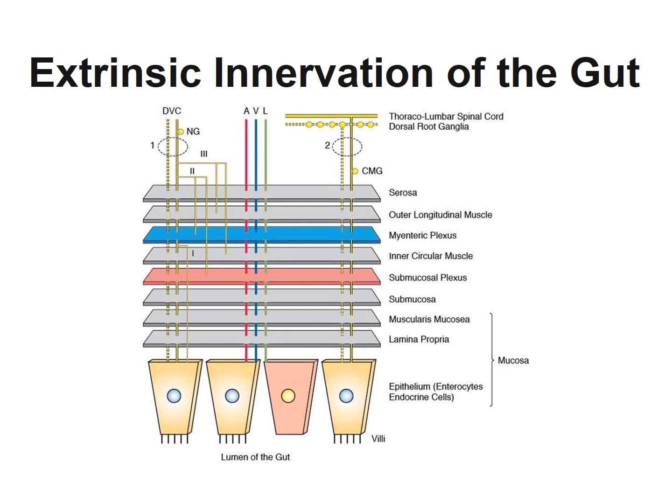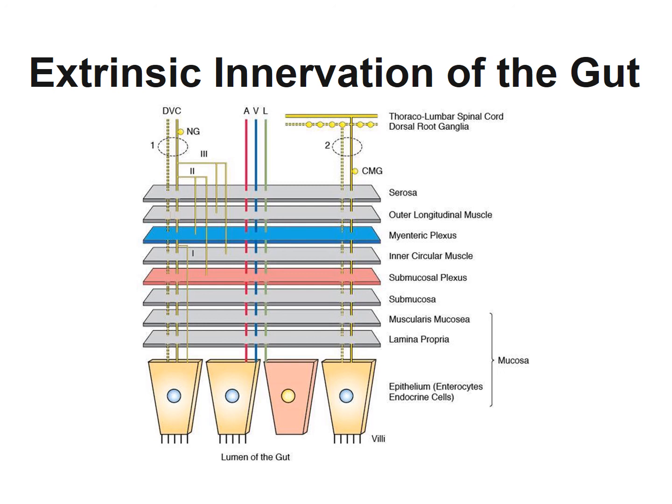So we have parasympathetic and sympathetic innervation of the gastrointestinal tract. 1 through the vagus nerve, and 2 through the splanchnic nerve, or the sympathetic nerve.